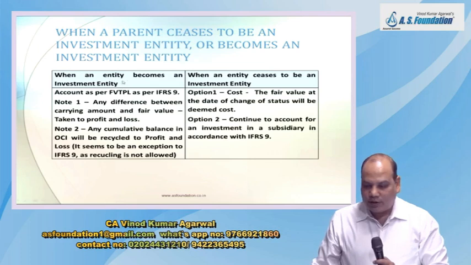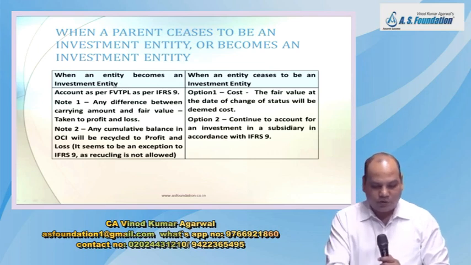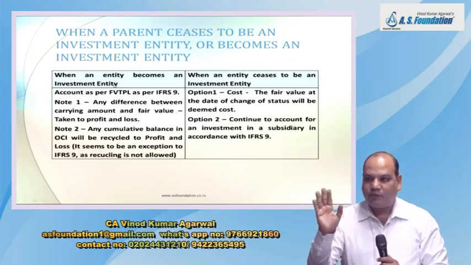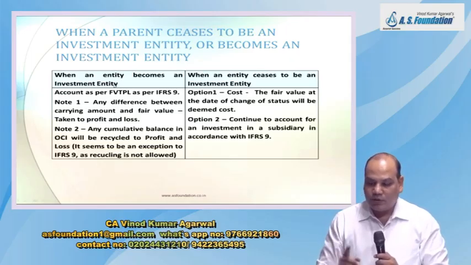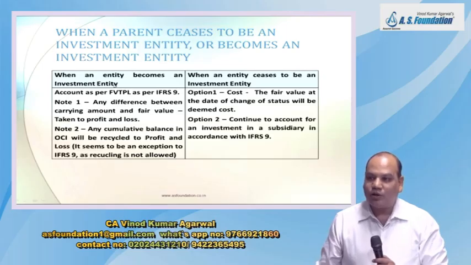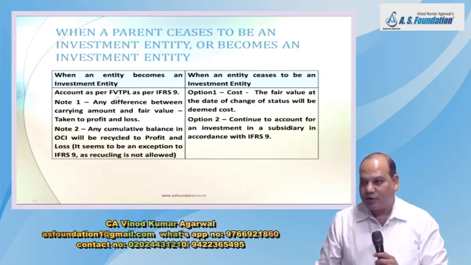So when an entity becomes an investment entity, investment entities are exempted from consolidation. Investment entities only account at FVTPL. So what they will do? They will account the investment from the date they become investment entity as per IFRS 9. Category would be FVTPL.